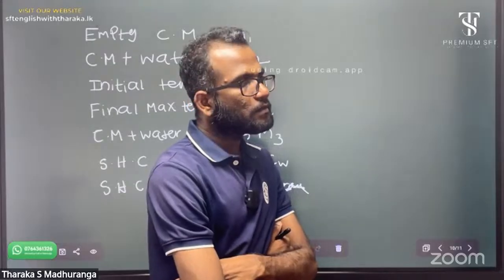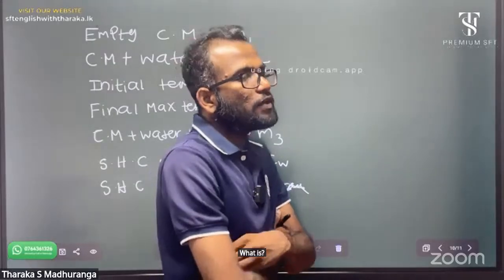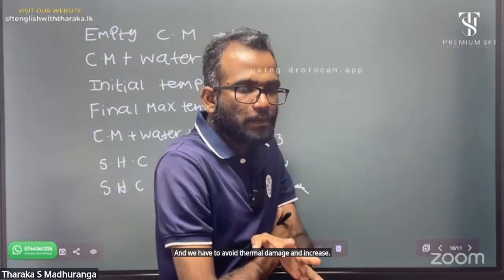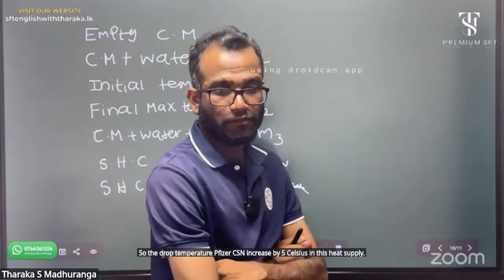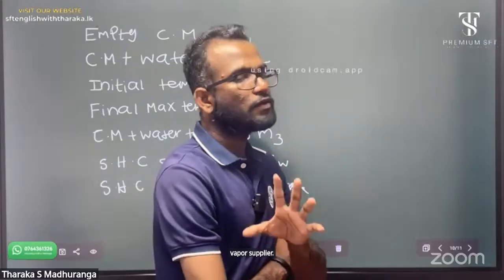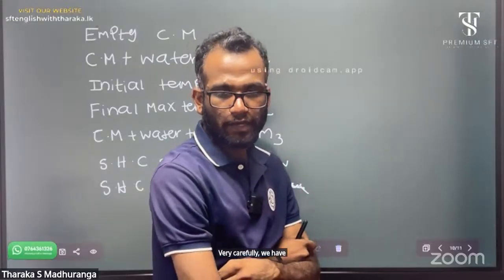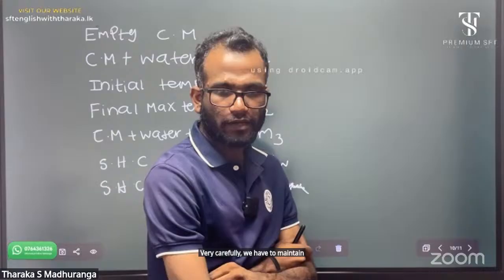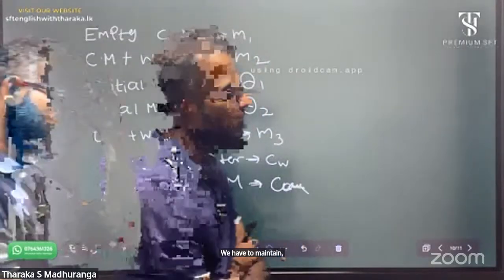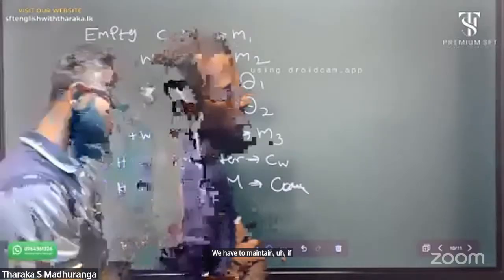What else? We have to avoid thermal damage and very carefully maintain the temperature drop of 5 Celsius and increase of 5 Celsius in the vapor supply. Additionally, we have to separate the steam generator and calorimeter by a thermal insulated layer.